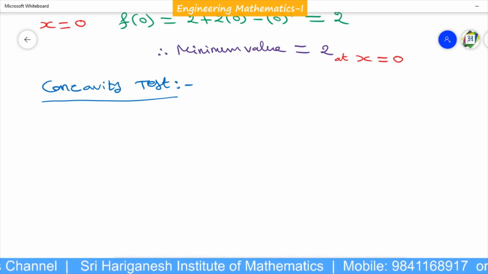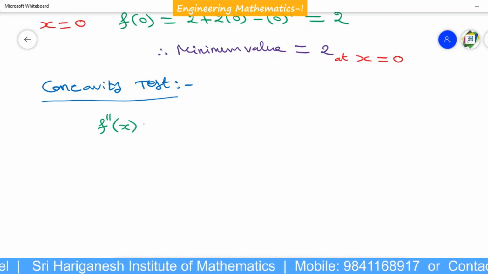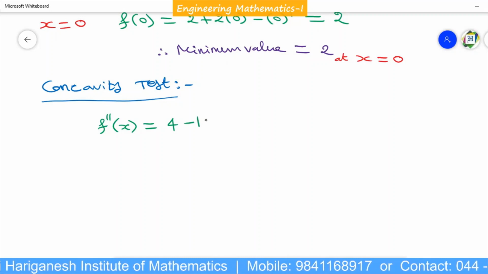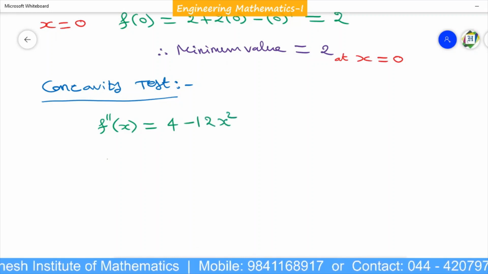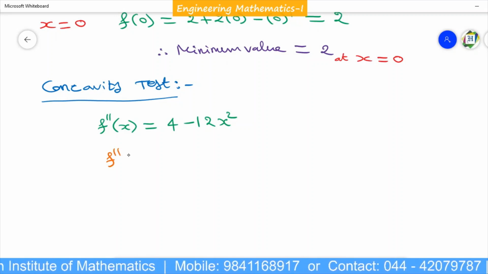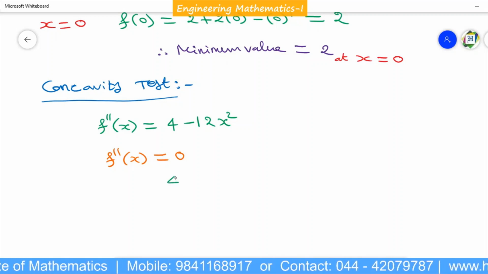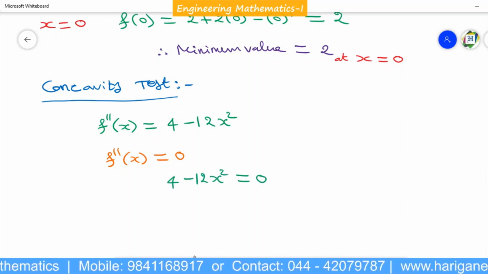I want to find them from the second derivative. Already I found the second derivative f double dash of x, which is 4 minus 12x square. This is already found. So for the concavity test, to find the x value, I want to put the second derivative equal to 0. So 4 minus 12x square is equal to 0.